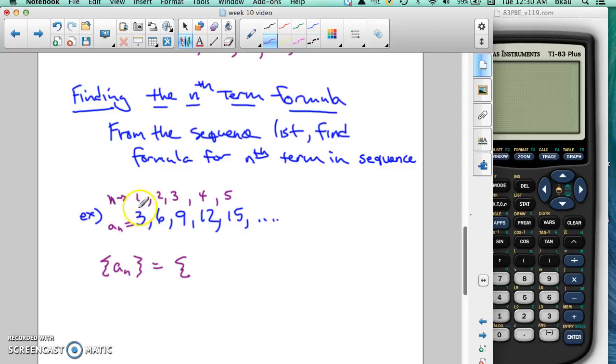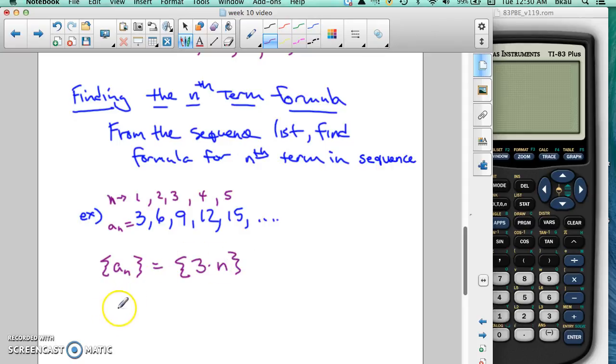When I put 1 in for the rule, I get 3 out. When I put in 2, I get 6 out. When I put 3 in, I get 9 out. Put 4, I get 12. 5, I get 15. It looks to me that the relationship here is that we're multiplying by 3, that it's 3 times the n value.